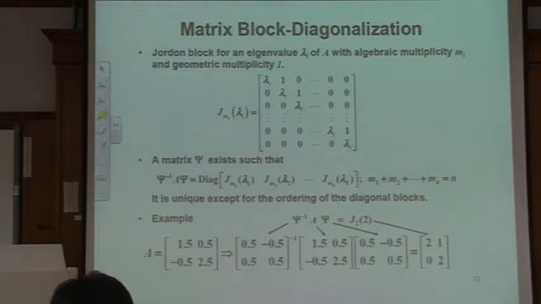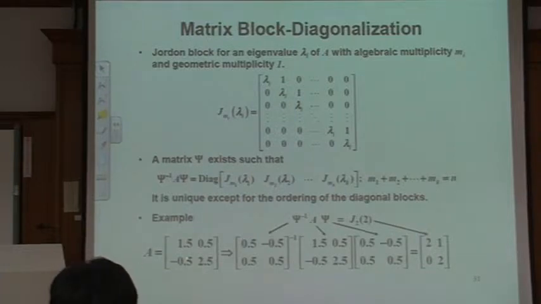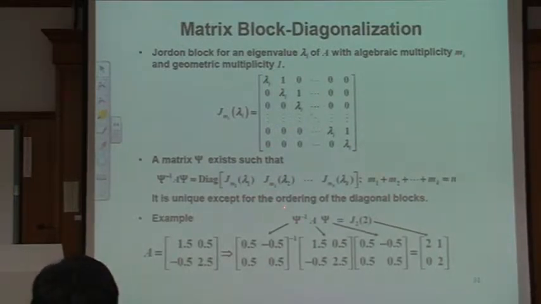For example, if we have a matrix A here that is defective, as we already saw in the previous case, we can find its generalized eigenvectors, and those vectors form a big phi matrix here. After we multiply these three matrices together, we get the final result.